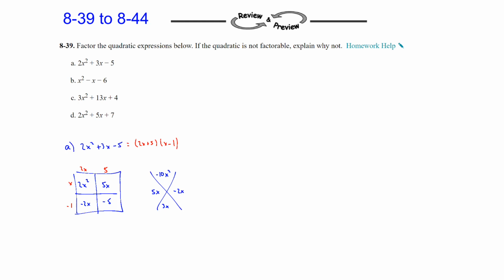Alright, let's take a look at B. We have x squared minus x minus 6. So x squared and negative 6. The product is negative 6x squared, and we're trying to add to get negative x.